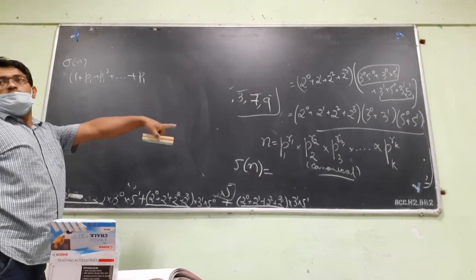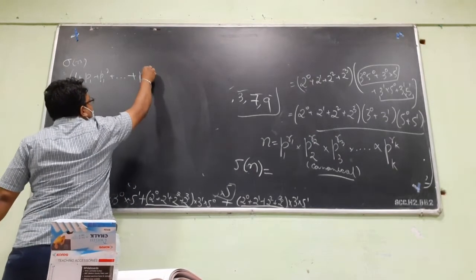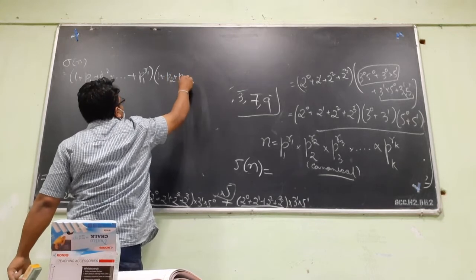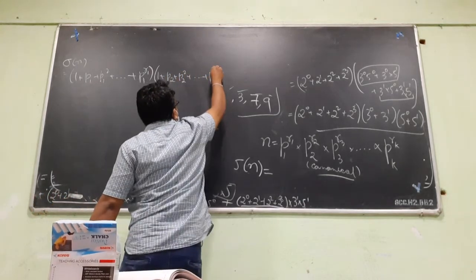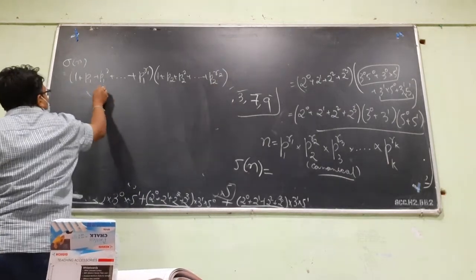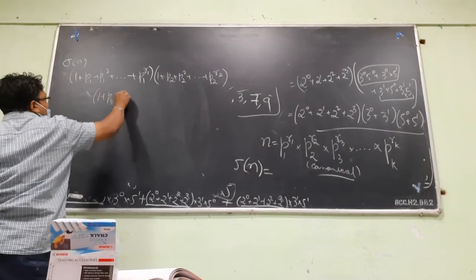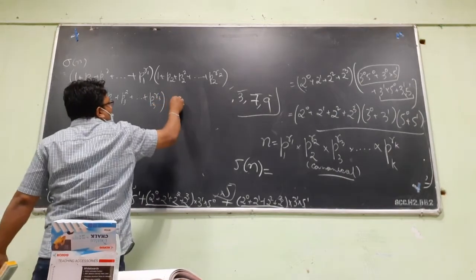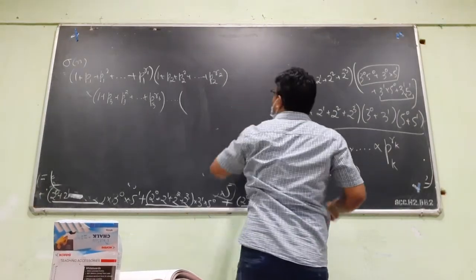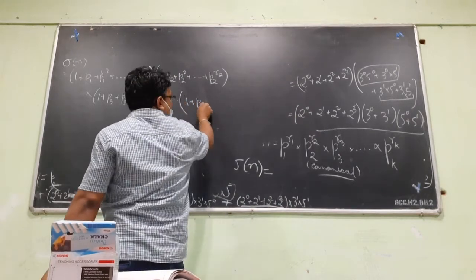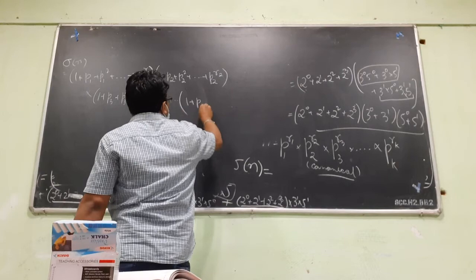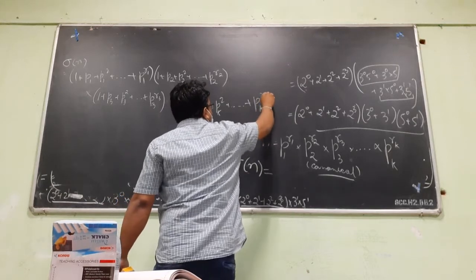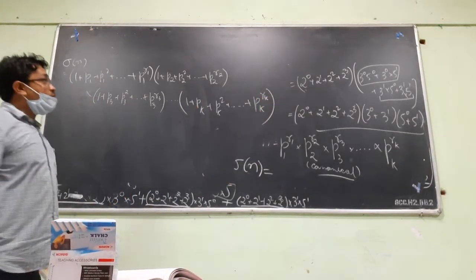The highest power is r1, so p1 to the power r1, multiplied with 1 plus p2 plus p2 square up to p2 to the power r2, into 1 plus p3 plus p3 square plus up to p3 to the power r3, and this will continue into 1 plus pk plus pk square up to pk to the power rk. Okay. So this is the general expression for the sum of all possible divisors.